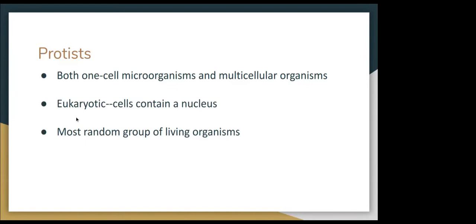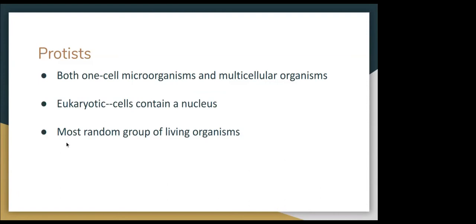These are eukaryotic, so like plants and animals, their cells contain a nucleus, and that's what really sets a lot of these guys apart from both the archaea and bacterial kingdoms. Protists have nuclei. Their DNA is stored in a nucleus, like plant and animal cells.